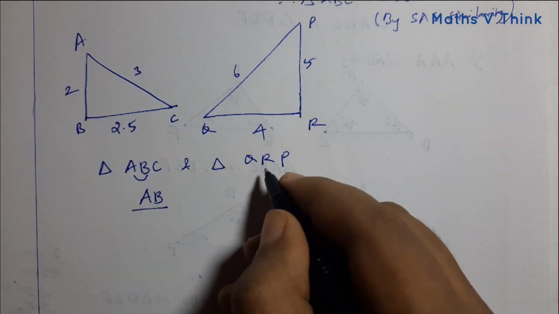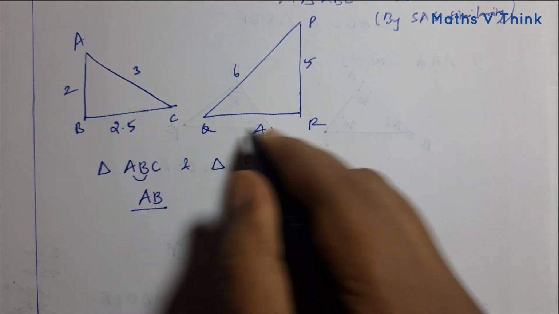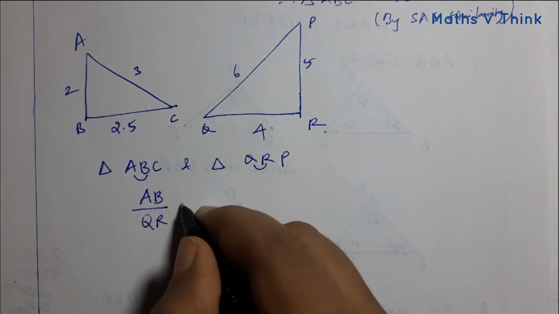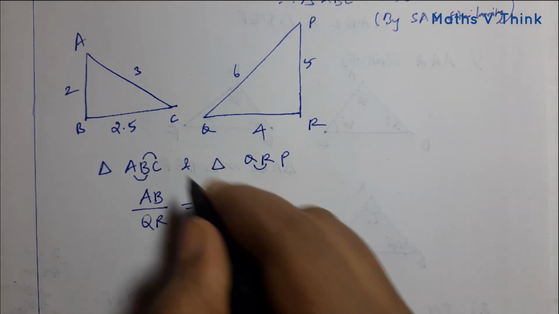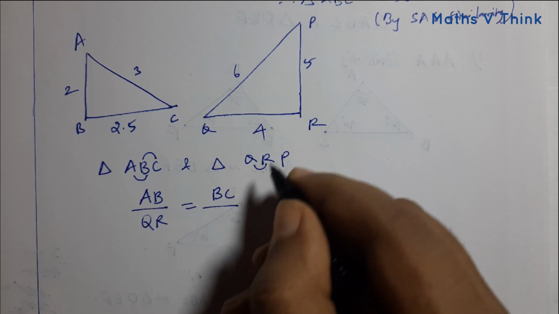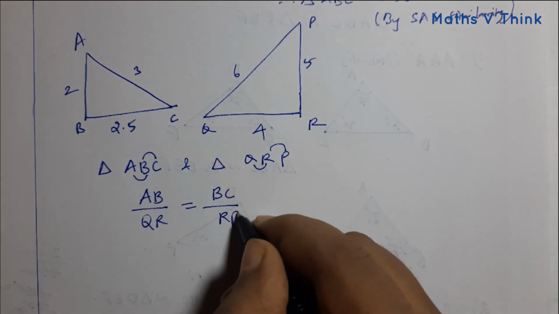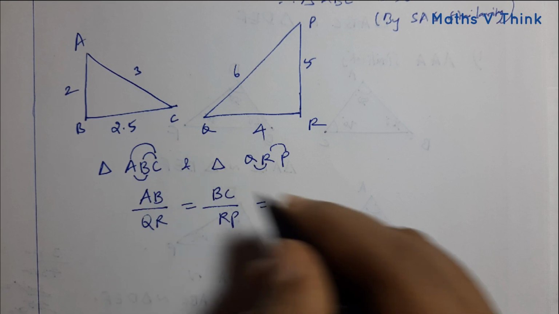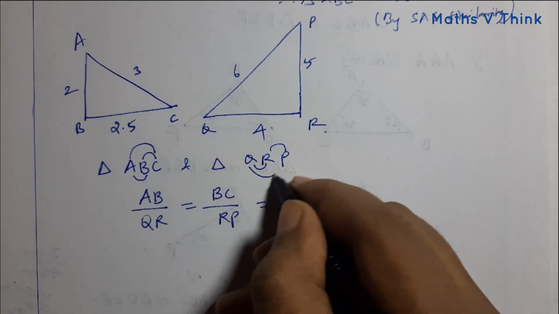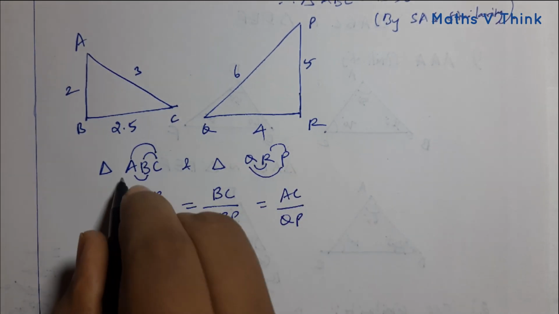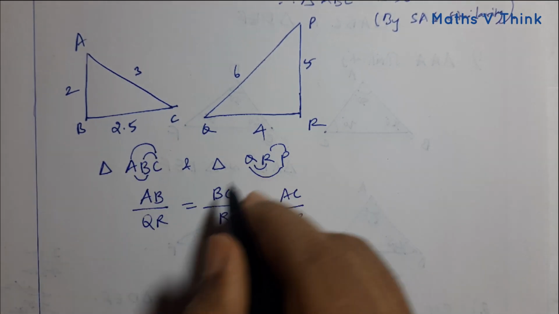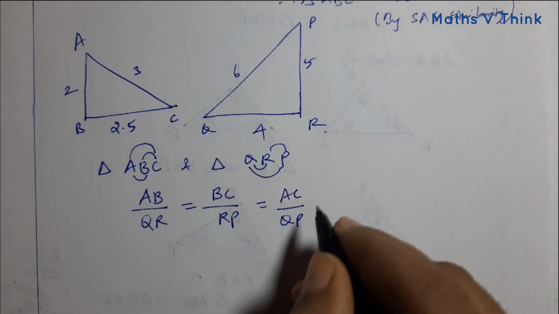AB by QR is equal to BC by RP is equal to AC by QP. You need to write in such an order that you get it properly.